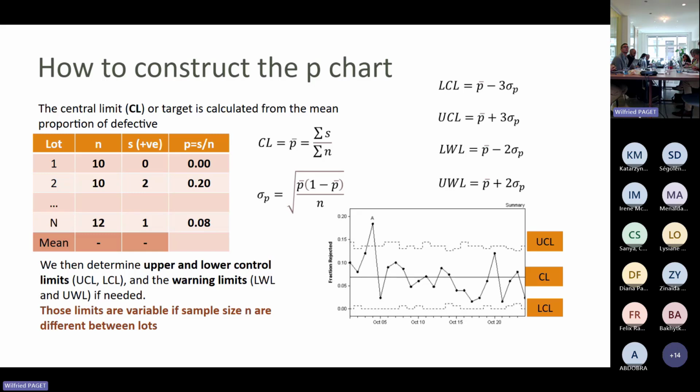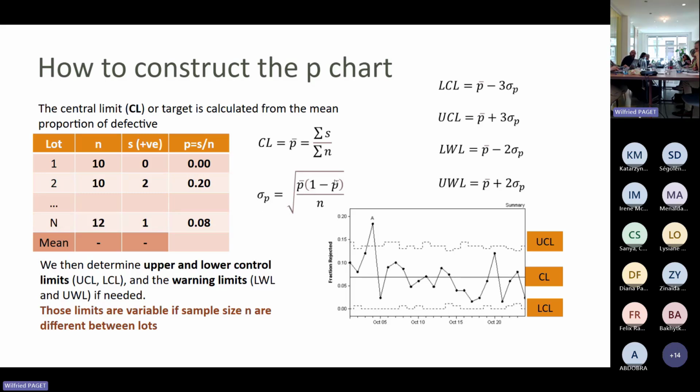So to construct this P chart, the process is the same, but we need to use the correct formulas because this P chart is based on the binomial. You need to compute the mean. To compute the mean proportion, just sum all the positives, divide by n, and you have the mean, and you need to find the standard deviation.